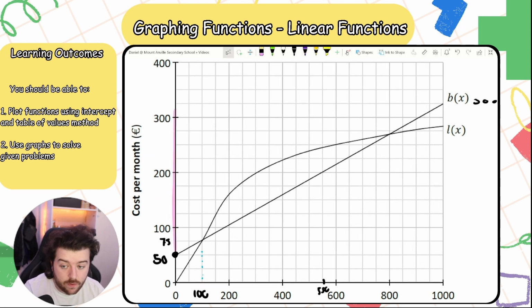We can just use our slope formula, or rise over run. I'm just going to use rise over run. So let's look at some good points. That seems like a good point, and that seems like a good point, I think. So connect them up.